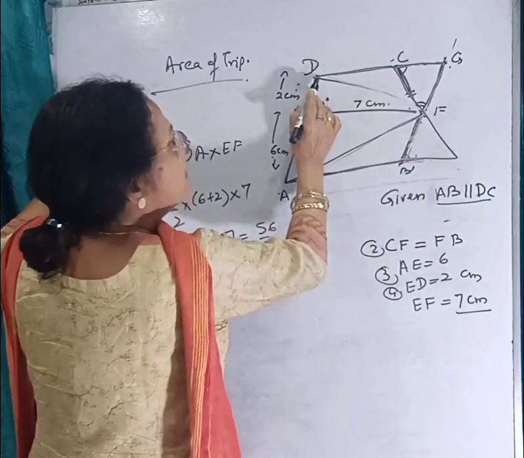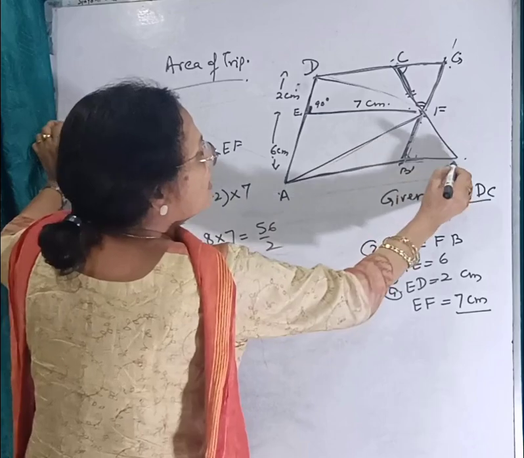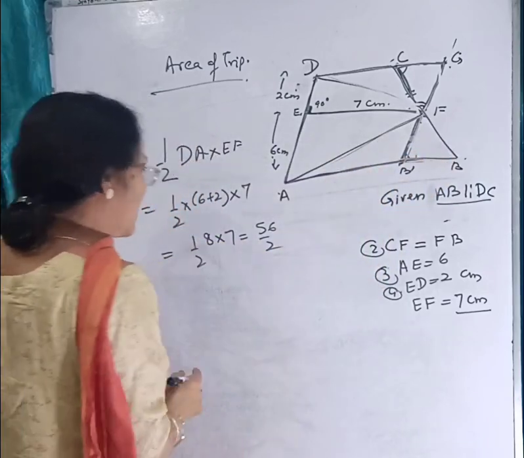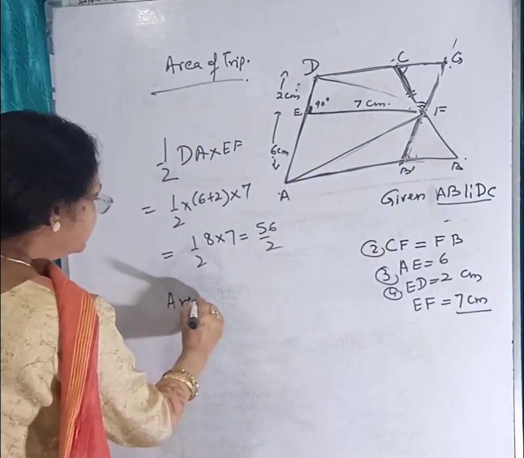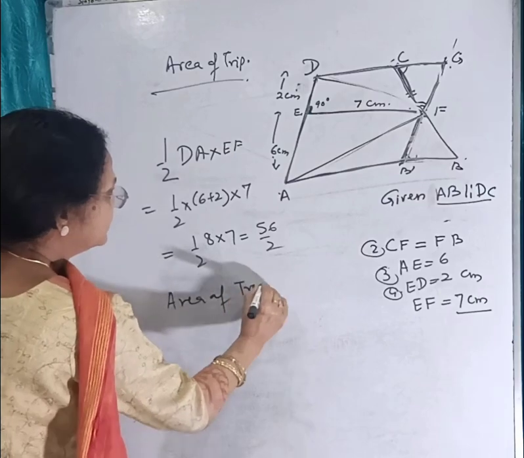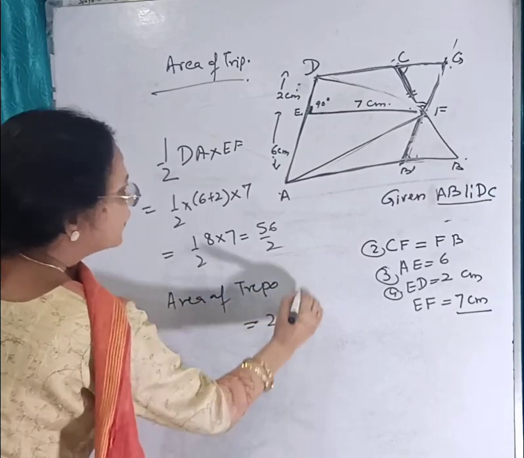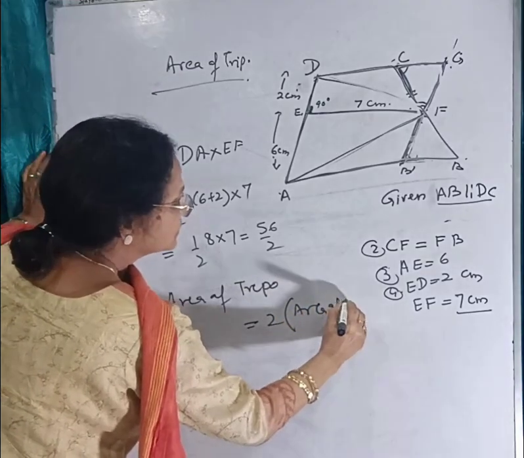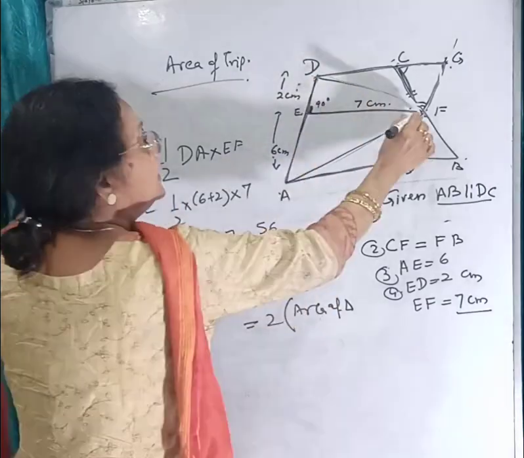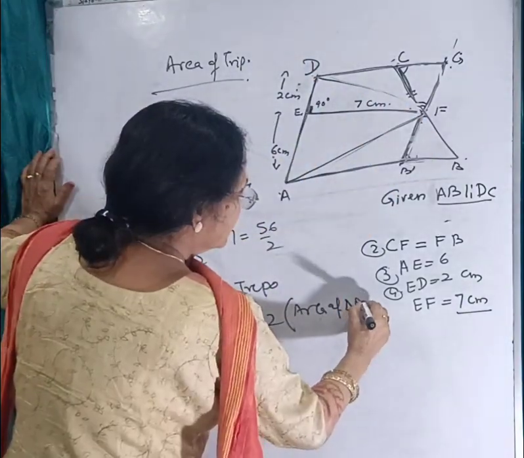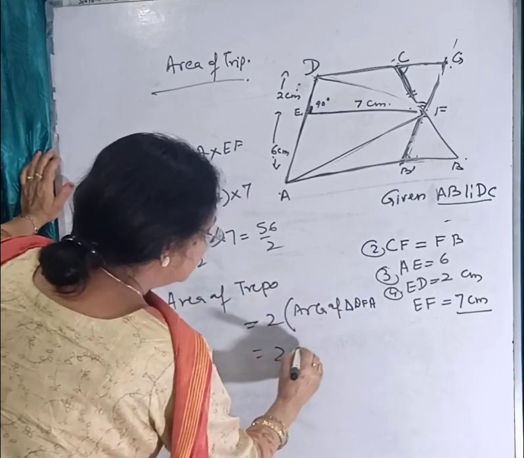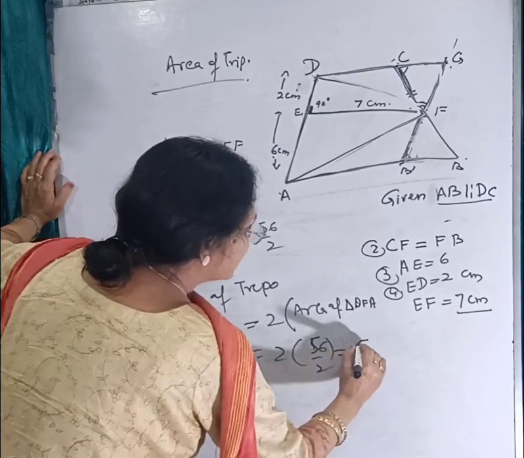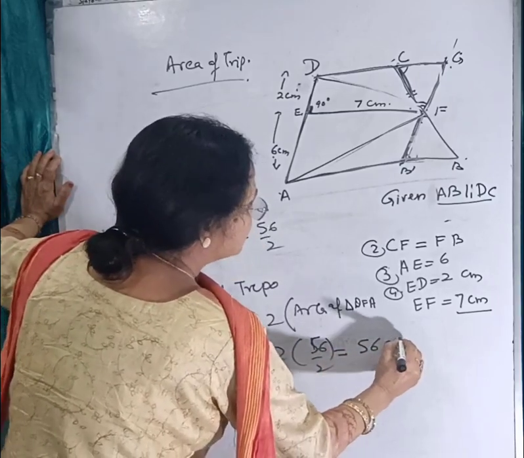The area of DGBA will be the area of DCBA, because this triangle's area will be exactly equal to this. So hence the area of the trapezium will be equal to twice the area of triangle DFA, that is 2 into 56 by 2, that is nothing but equal to 56 centimeter square.